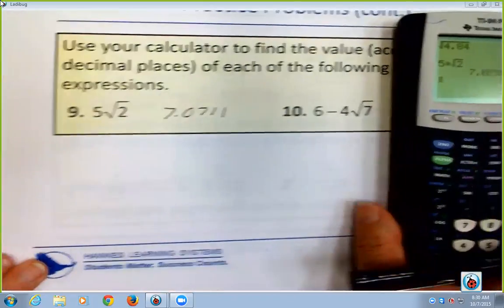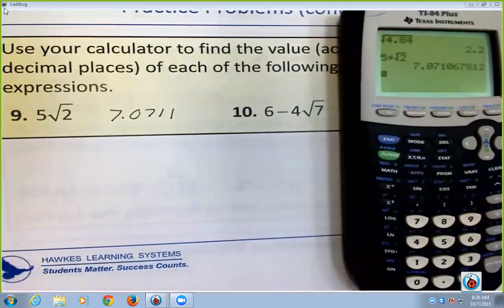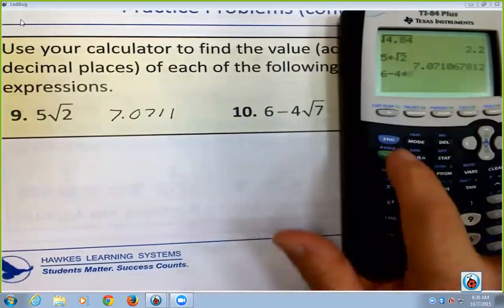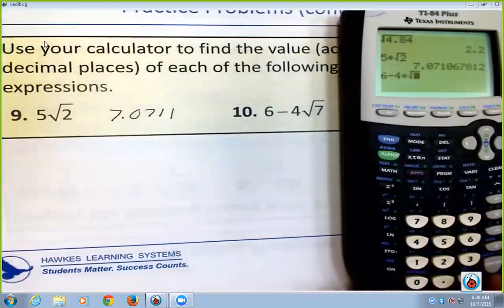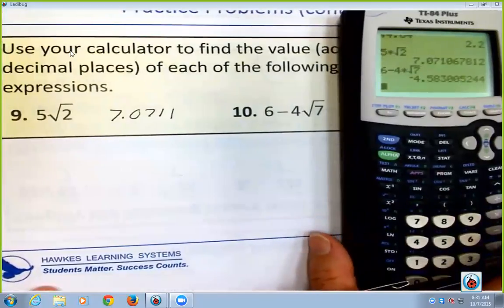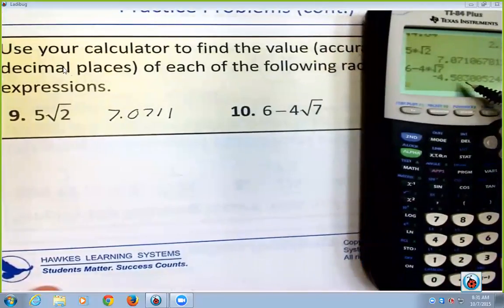And then finally the last one. What would we end up putting in for this one? The calculator shows up in there. So what would it come out to be? And that one ends up being a negative, and round to 4. 1, 2, 3, 4.